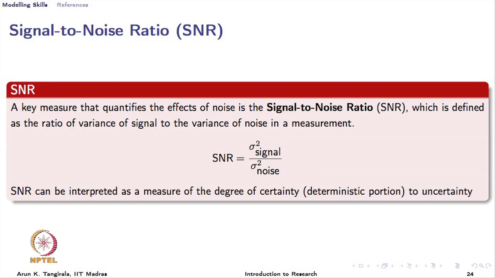Normally, in quantifying the effects of randomness or noise in data, there is a quantity called the signal-to-noise ratio that is widely used. It is not just in electrical engineering, but in every data analysis exercise, the signal-to-noise ratio is a very nice quantity that helps us understand the impact of randomness on the quality of the model or the parameter estimates.